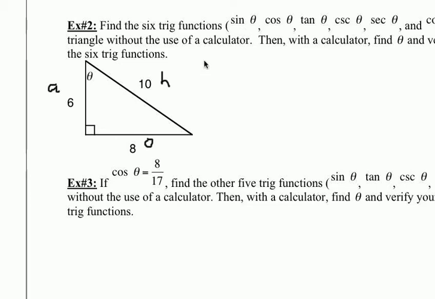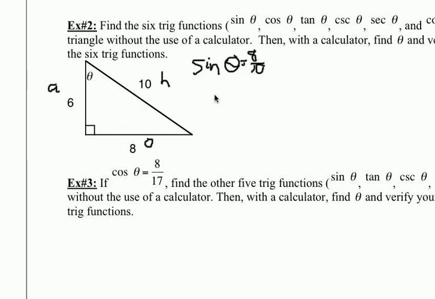So to find the sine of theta, I simply look at my SOH. Sine is opposite over hypotenuse. Opposite is 8. Hypotenuse is 10. So sine is simply 8 over 10. And you can reduce that.